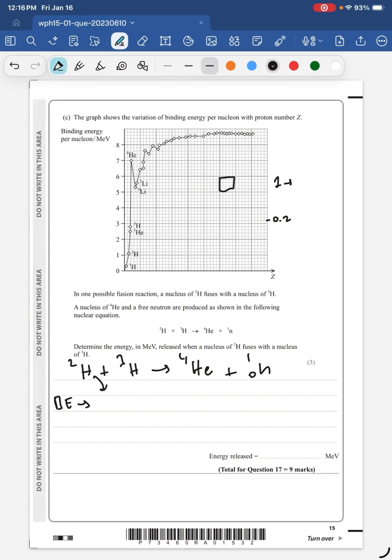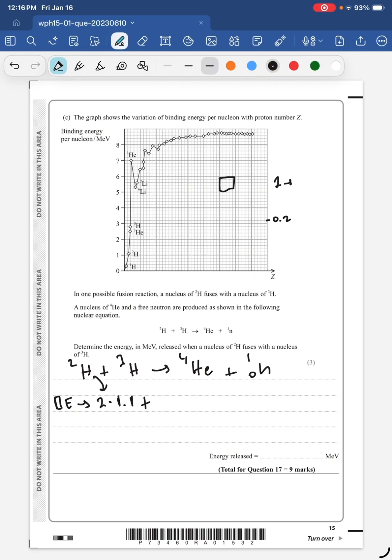Okay, so I'm trying to say that hydrogen-2 consists of two nucleons, one proton and one neutron. So the binding energy will be 2 times 1.1. It seems like the binding energy per nucleon is 1.1 for deuterium, okay?